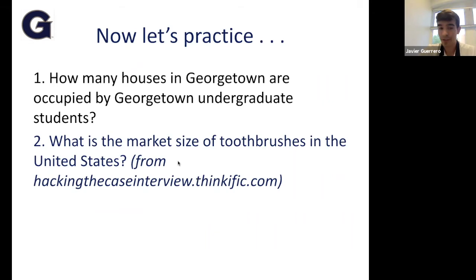The next step is to take that number and divide it by 6, which is the average number of students in each house. You divide 1,500 by 6, and that gives you your total number of houses in Georgetown. Does anyone want to do that math for me? Put you guys on the spot.